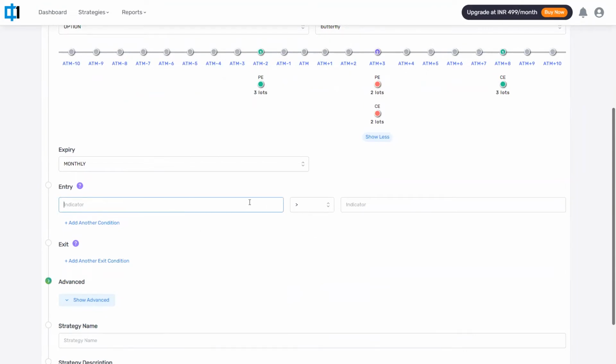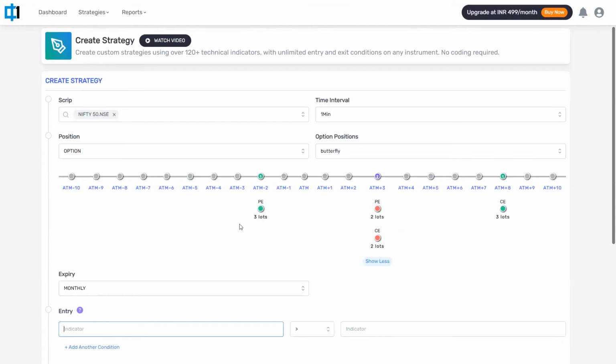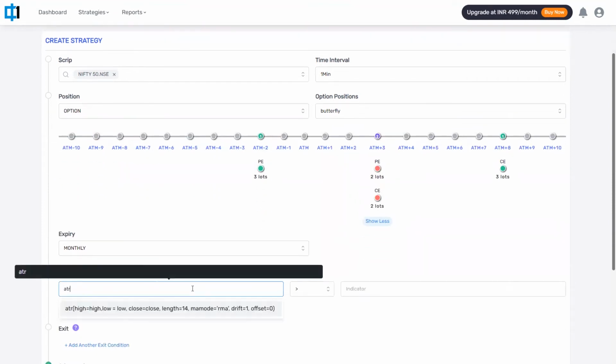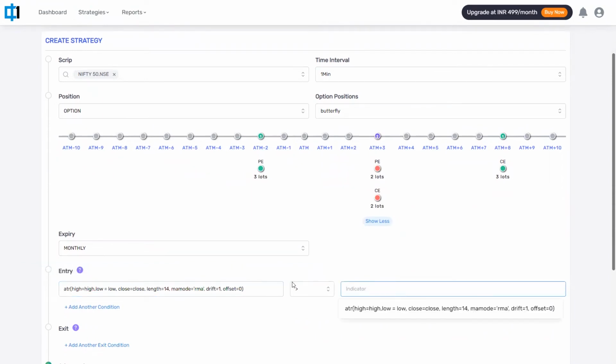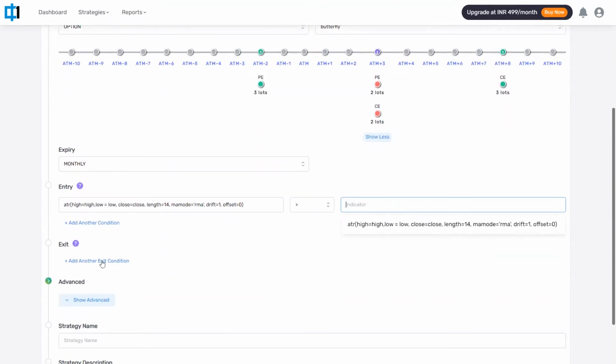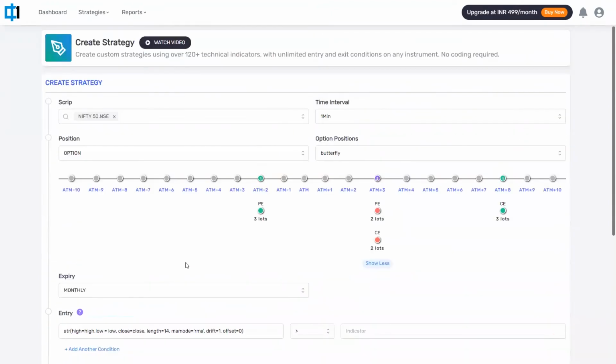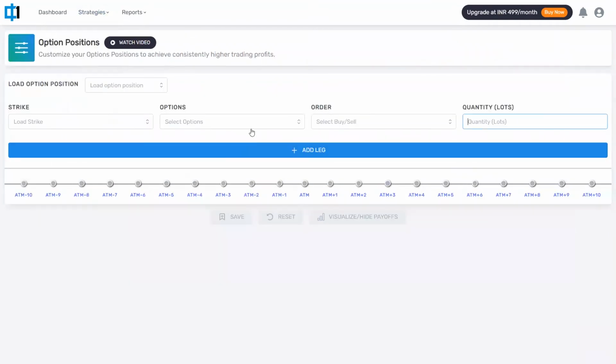So if I only want to trade a butterfly if the volatility is high, I can put, let's say, an ATR confirmation on it and put a number. If the ATR is above a certain number, only then do I want a butterfly deployed. Otherwise, I want to square it off. So I can put all of those technical conditions in and trade based on that instead of just buying it outright, which you could do from the option positions page.